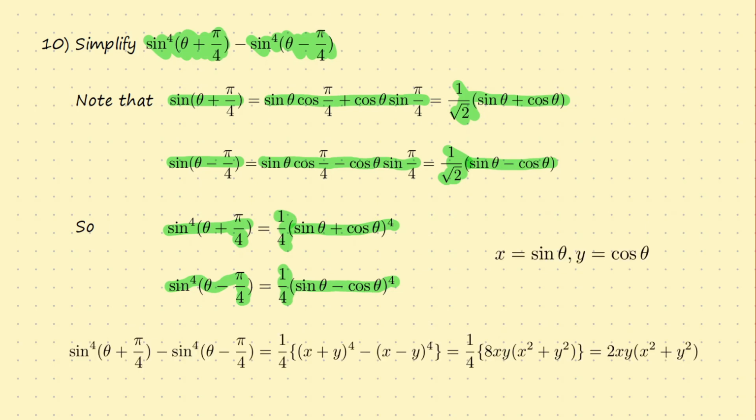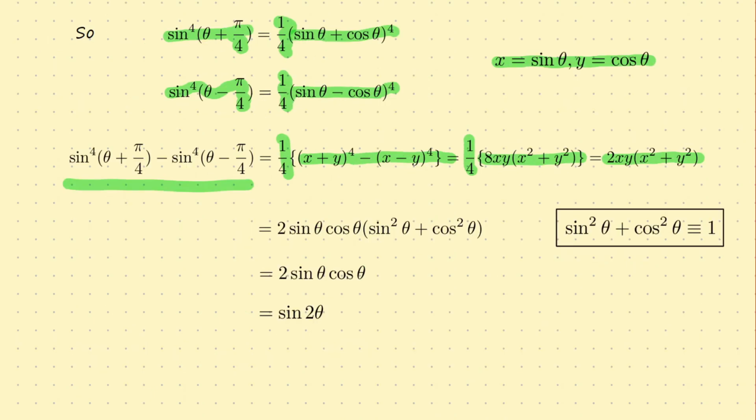If we make the substitutions x equals sine theta, y equals cos theta, then our original expression becomes 1/4 into (x plus y) to the 4 minus (x minus y) to the 4, which from the previous problem becomes 1/4 times 8xy times (x squared plus y squared), which equals 2xy times (x squared plus y squared).